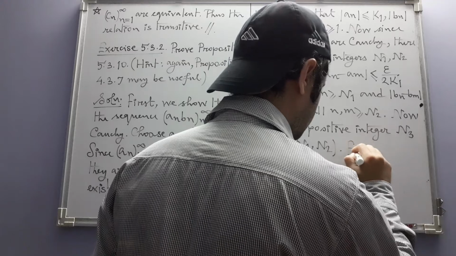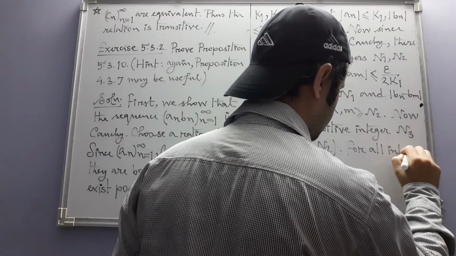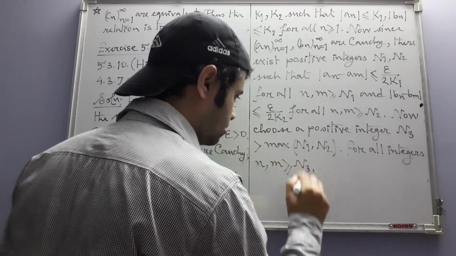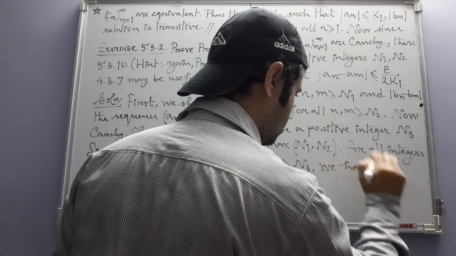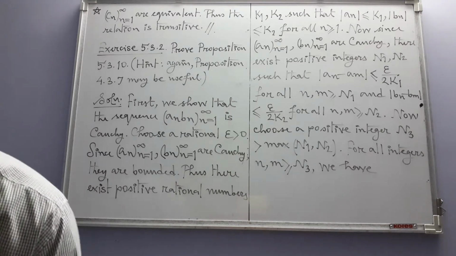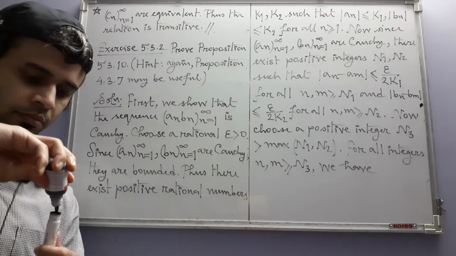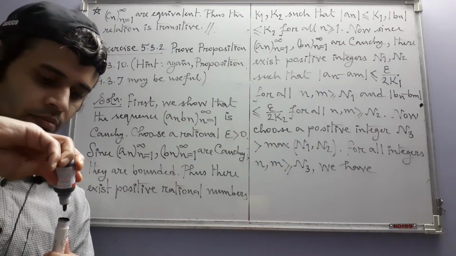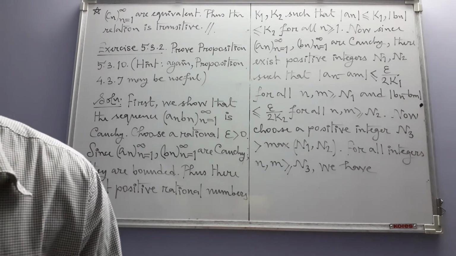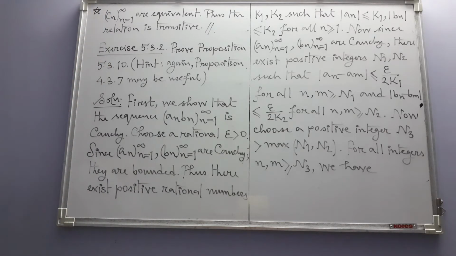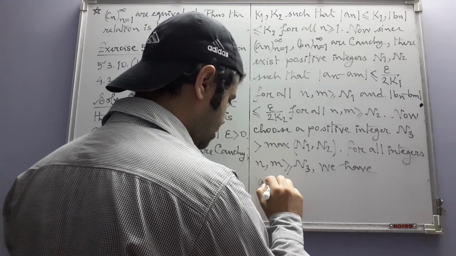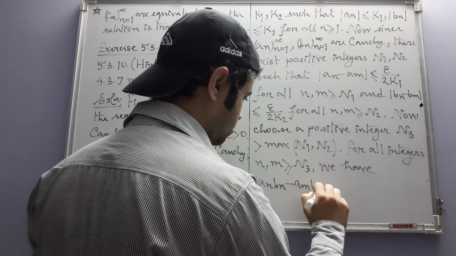For all integers n and m greater than or equal to n3, we have, so we start with this difference anbn minus ambm.